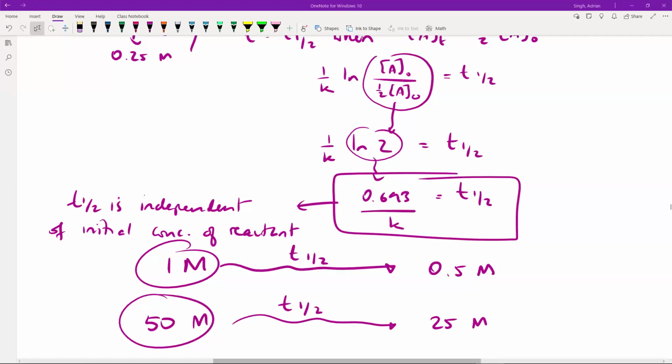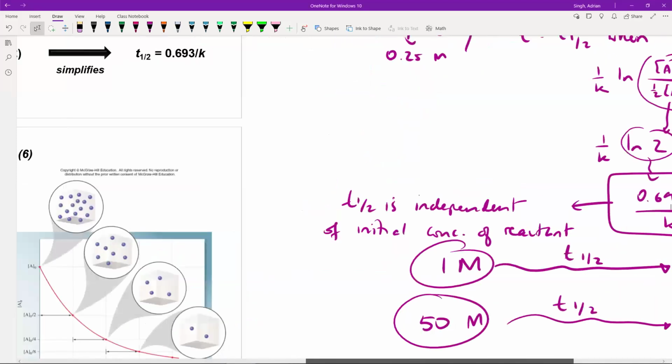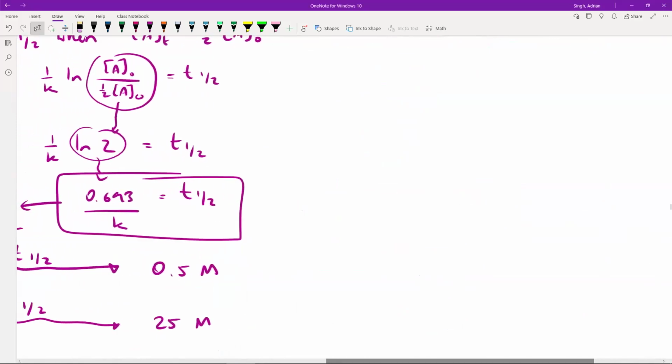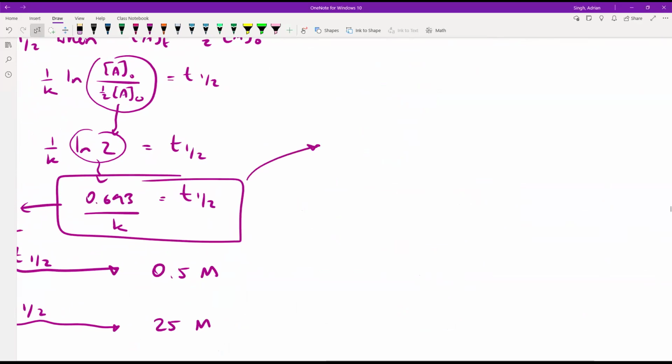Another thing to note about the half-life is that it is inversely proportional to the rate constant K. And what that means is we can make some qualitative relationships.